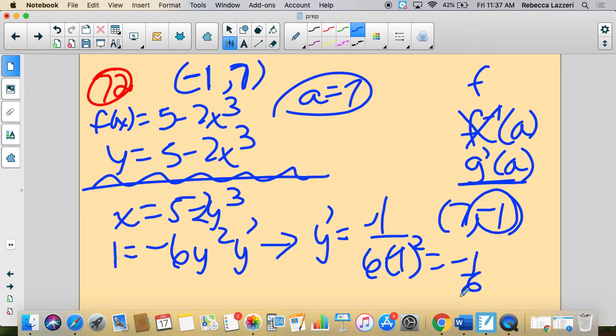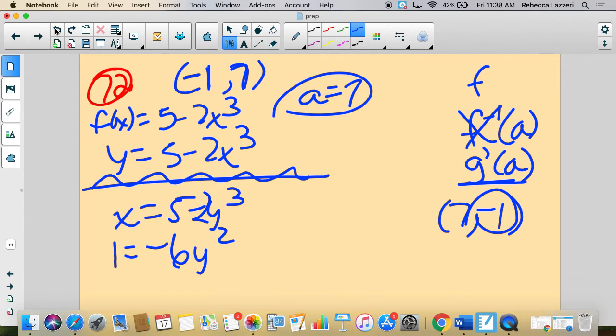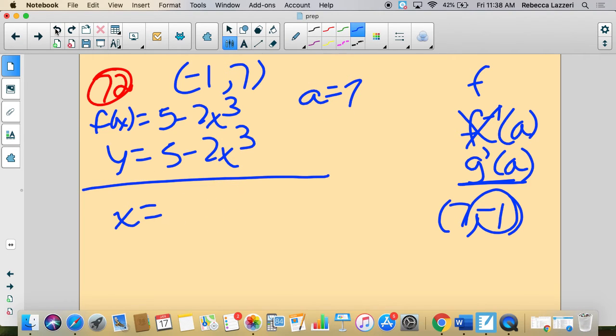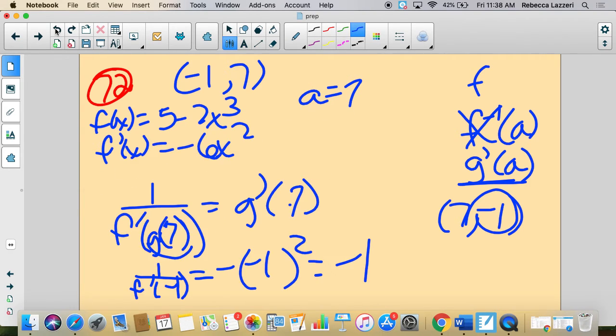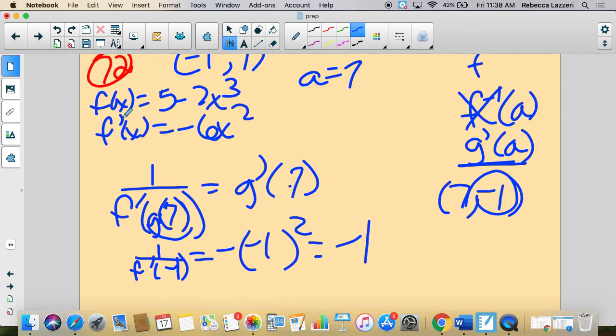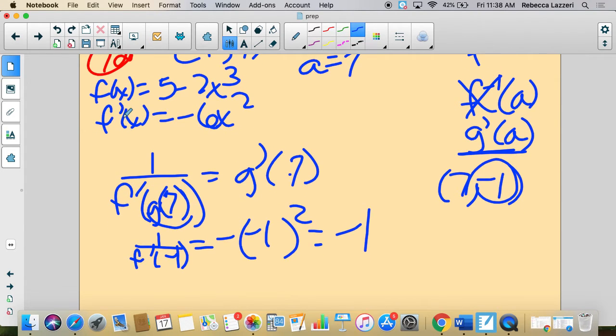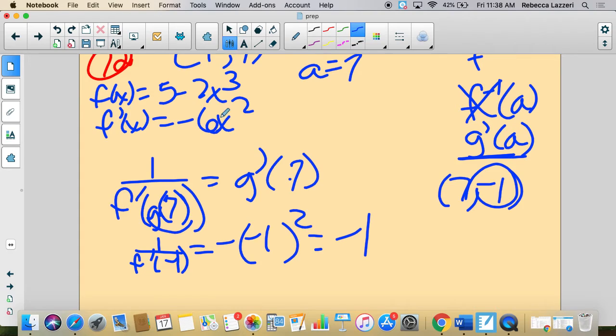Did I lose a 6? You lost a 6. I lost a 6 on the other one, sorry. I'll hit undo after you look at that. I should have negative 1 over 6 both times. Like when you just squared x and didn't put the 6.